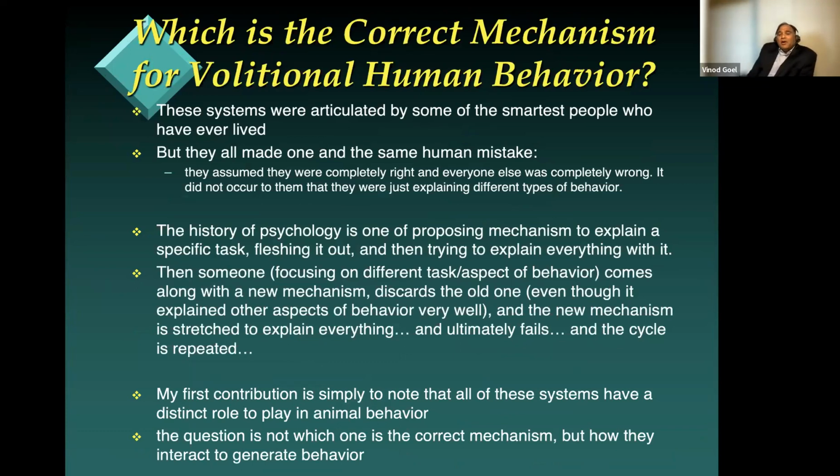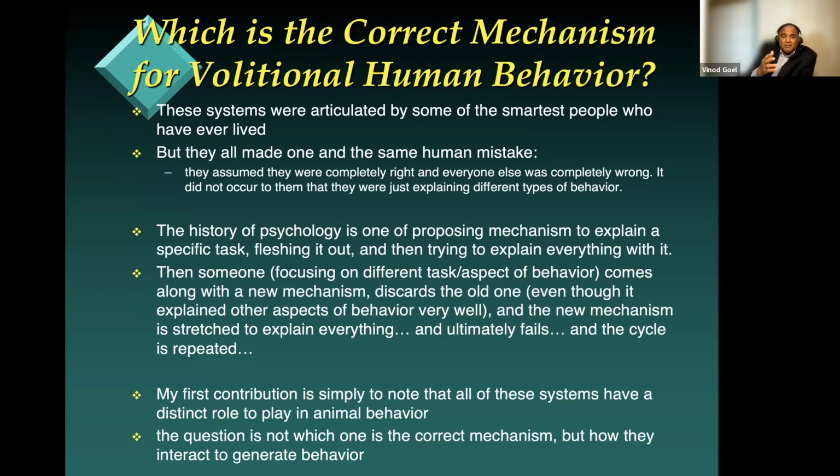The history of psychology is one of proposing mechanisms to explain a specific task, fleshing it out, and then trying to explain everything with it. Then someone focusing on a different task or behavior comes along with a new mechanism and discards the old one, even though it explained other aspects of behavior very well. The new mechanism is stretched to explain everything and ultimately fails, and the cycle is repeated, right? This is the last 100 years of psychology.